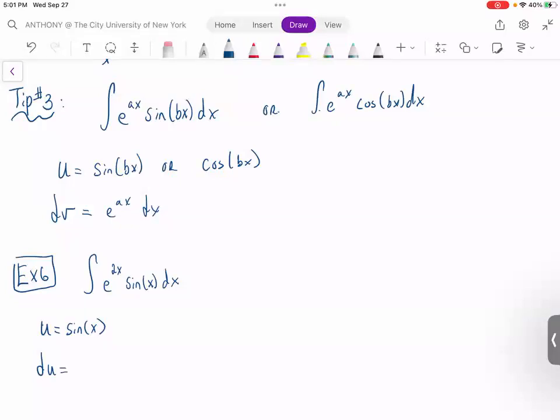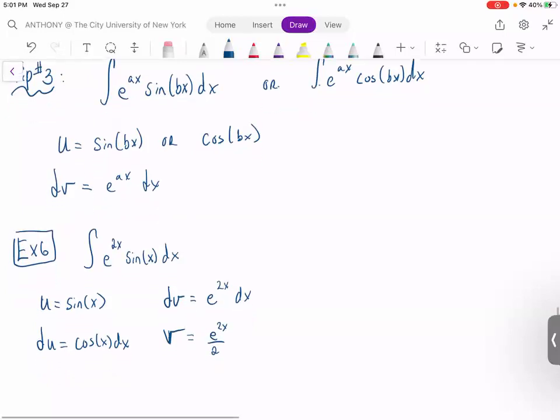It's cosine of x dx. Okay, and our dv is e to the power of 2x dx. So we're anti-differentiating here. What is the antiderivative of e to the 2x? Very good, e to the 2x divided by 2.